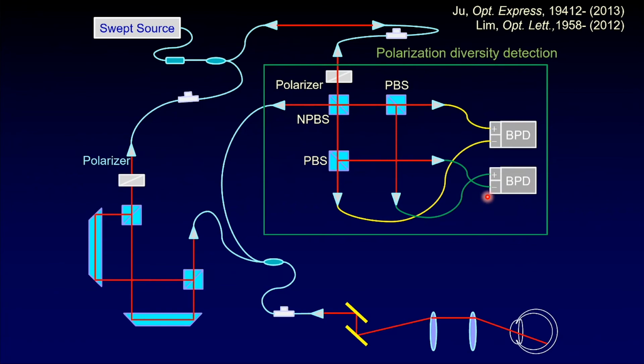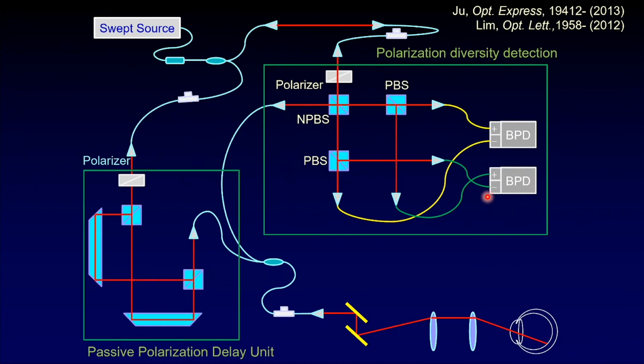Okay, and then the next trick is this passive polarization delay unit. We frequently call it a PPDU, passive polarization delay unit. And it is in the probe arm, okay? A beam is coming from the light source and going to the probe arm and enters this passive polarization delay unit, and then passing through it illuminates the sample.